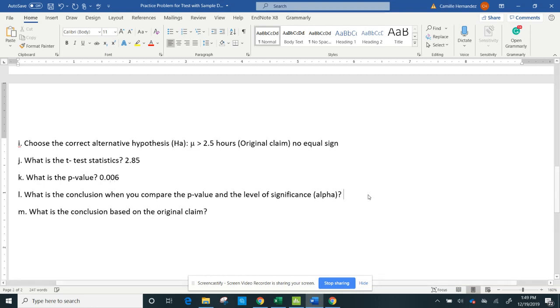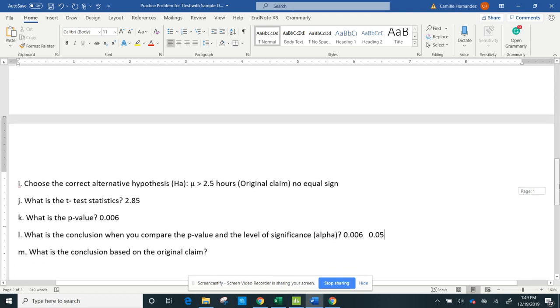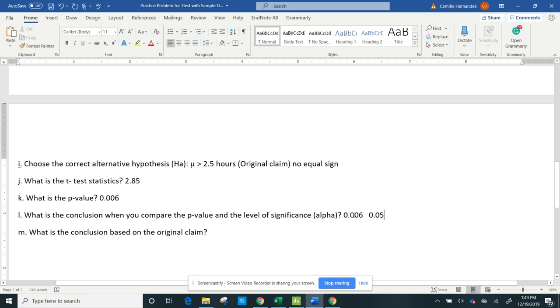So I need to compare my p-value, 0.006, to my level of significance. And again, I have it right here. I figured it out for F. Okay, but this can also be confusing. So look, I have 3 decimal places here, and I only have 2 here. If it confuses you, just add a 0 to give it equal decimal places. So now it's almost easier to compare because I have 6 versus 50.